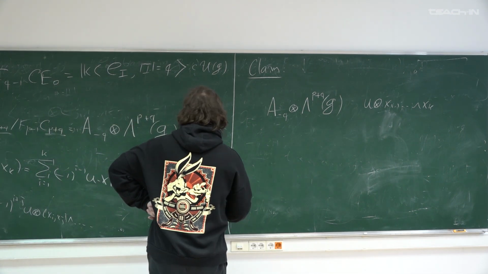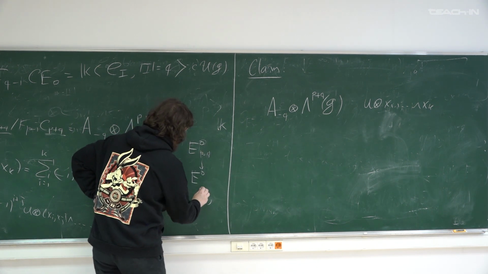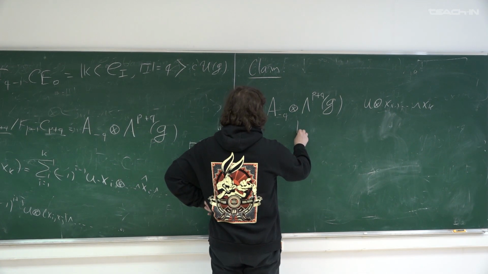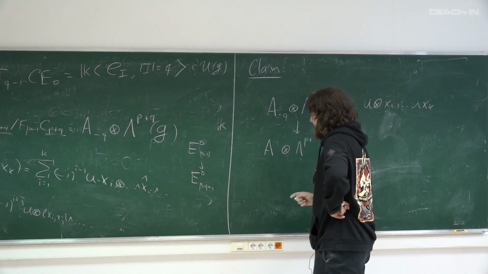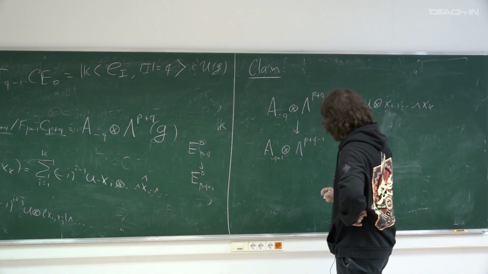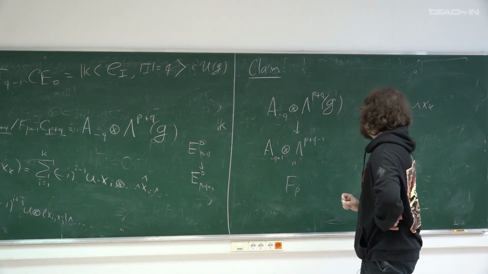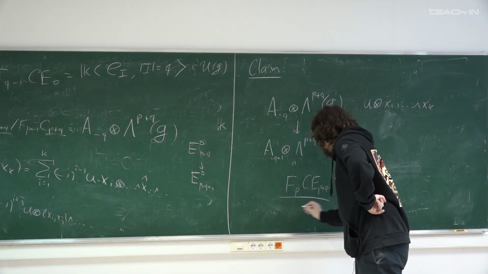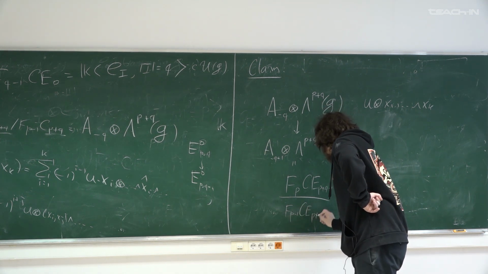In general, my differential acts something like this: E0_{p,q} goes to E0_{p,q-1}. So it must go to A tensor lambda^{p+q-1}, with minus q plus 1, that is F_p CE_{p+q-1} modulo F_{p-1} CE_{p+q-1}.